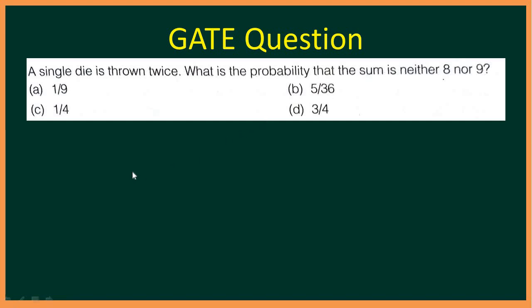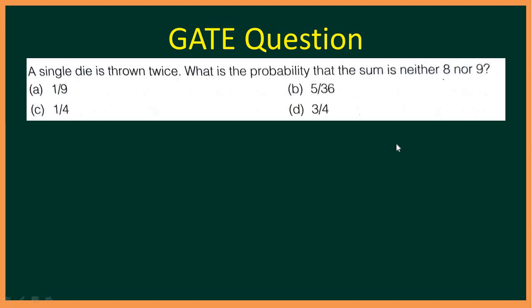Okay, in this question also we are throwing the die twice, but in this case the probability asked depends on both throws. It will depend on the first time as well as the second time.